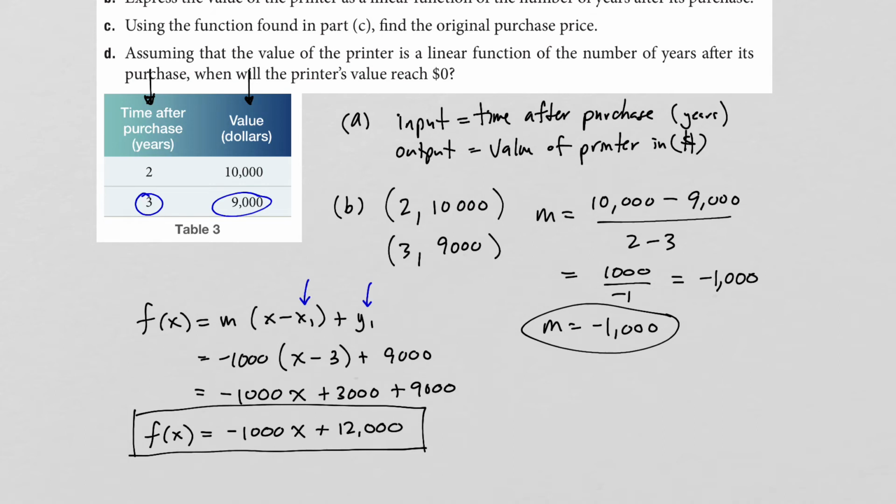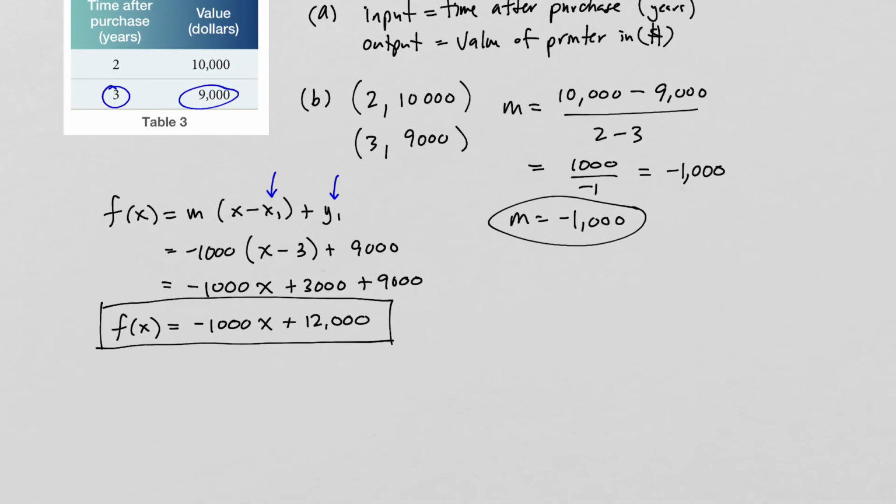And then in part C, it says to use the function that we found to find the original purchase price. Well, the original purchase price takes place when time is 0, right? So when something is brand new, we say time is 0 because no time has passed.